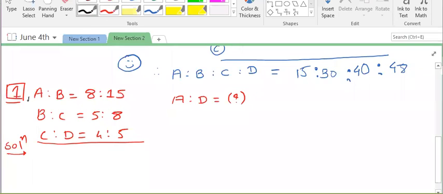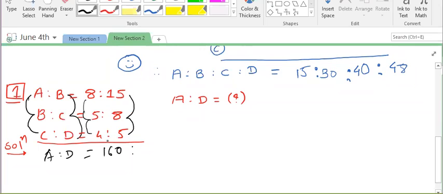स्टूडेंट्स, राइट. ए के लिए this 3 and for D this 3, right? So A is to D will be equal to 8 5s are 40, 4 4s are 16, that is 160 is to 15 8 and 5.